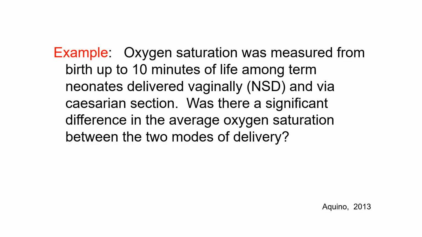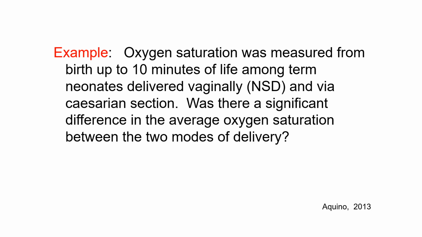So given this example, the objective is on difference between two groups on a variable, oxygen saturation, which is ratio. And so the objective is on the difference between groups on a mean.